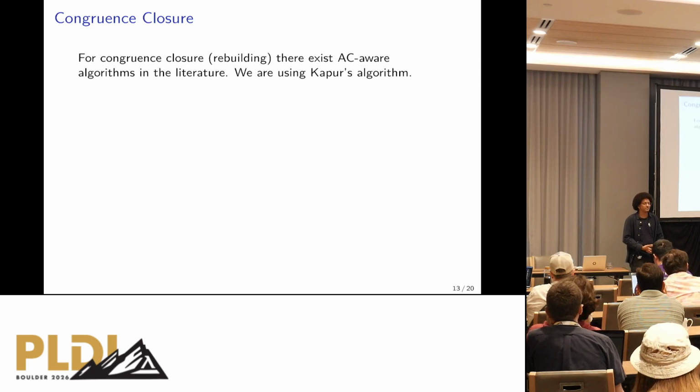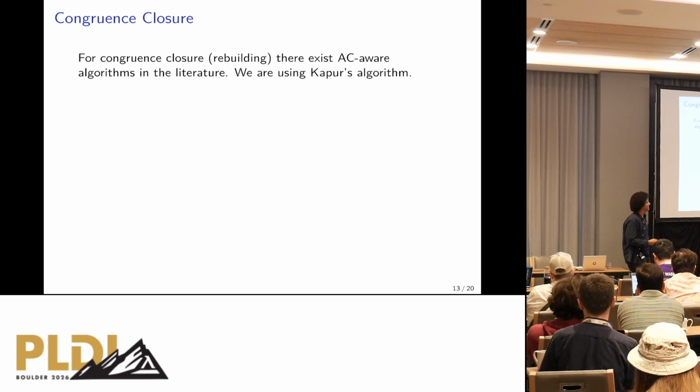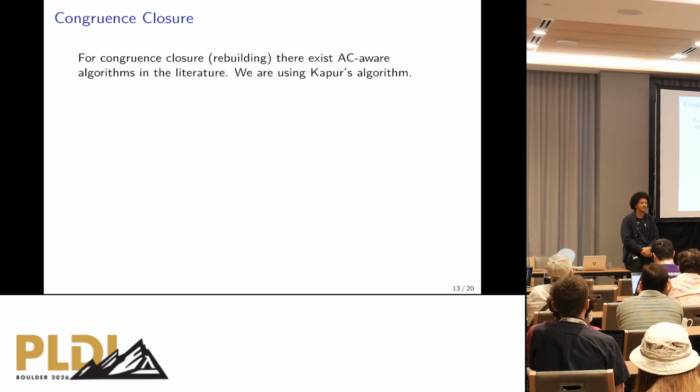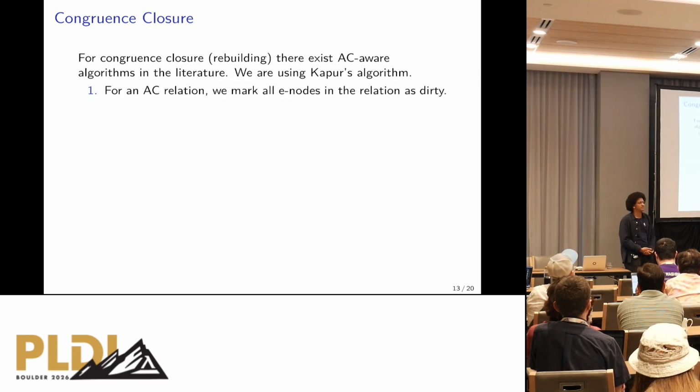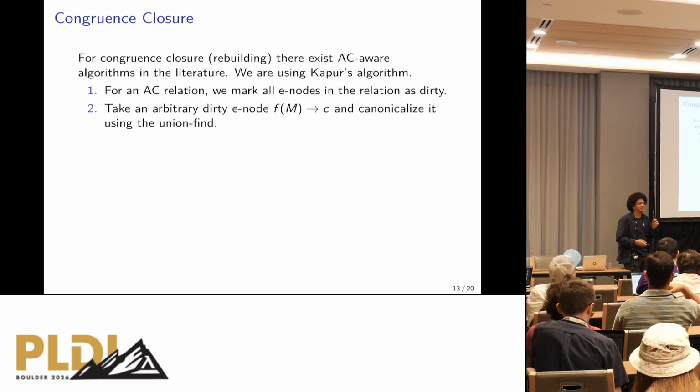Okay, so this was about matching, but the equality saturation algorithm consists of a few parts, namely also congruence closure or rebuilding. And there is actually a very rich existing literature on algorithms. There's one by Kapur, which we will be using, and it works as follows. So the first step is you focus on a single relation at a time, and you mark all e-nodes in there as unprocessed or as dirty. Then you take a single one and you update it, you canonicalize it with a union-find.